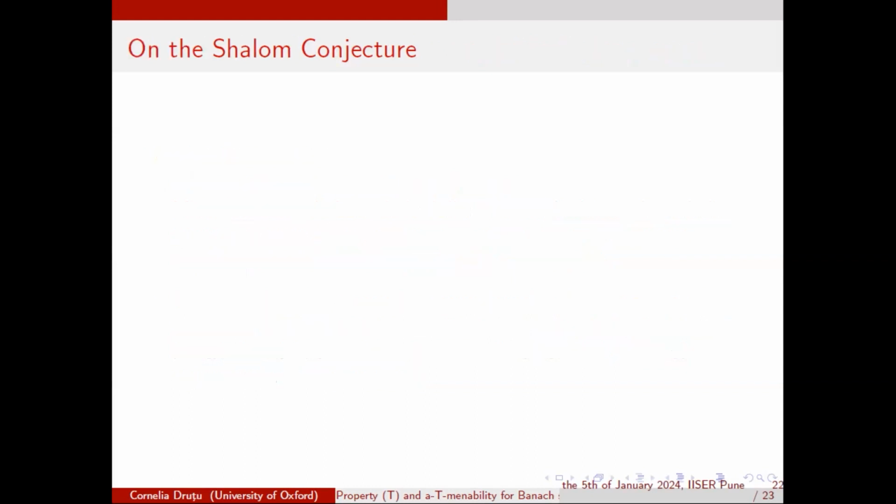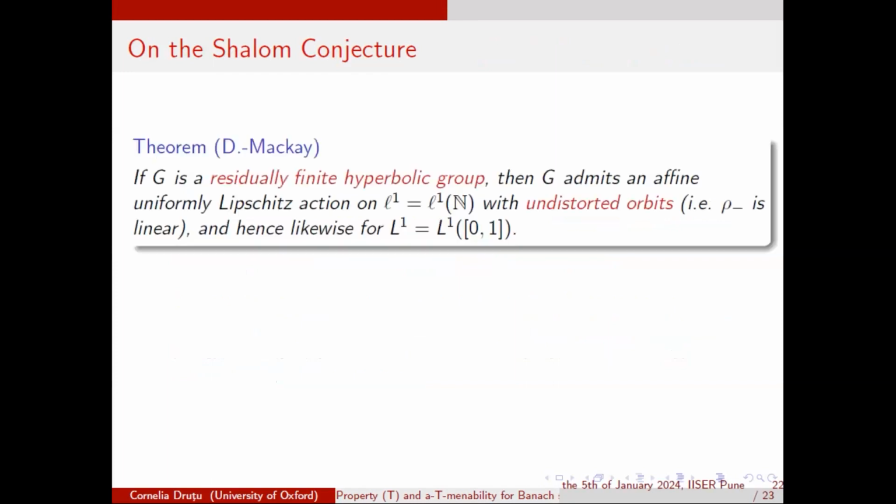Right. Now, for the actual Shalom conjecture, which is aiming at a proper action, what we could prove with John Mackay is only restricted to residually finite hyperbolic groups. So if the group is hyperbolic but also residually finite, then we manage to prove that they do have an affine uniformly Lipschitz action on an L1.